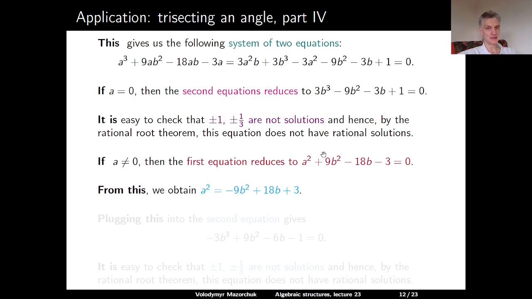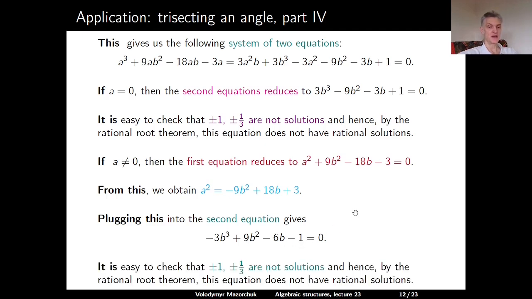And now we can plug this into the second equation, and when we compute we end up with the following equation: minus 3b cubed plus 9b squared minus 6b minus 1 is equal to 0. Here again it is easy to check that plus minus 1 and plus minus 1/3 are not the solutions, and hence by the rational root theorem this equation doesn't have rational solutions.